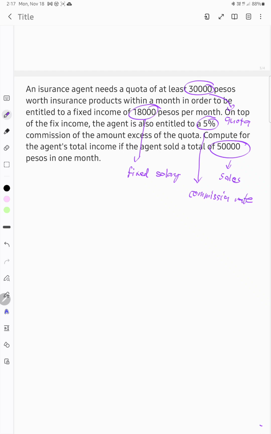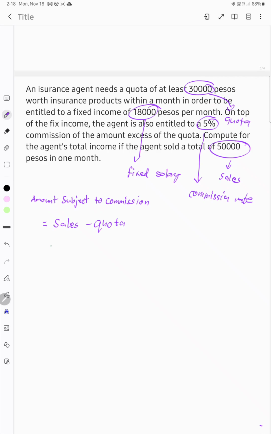There are a lot of processes that we're working on. Let's go with the first one, which is the amount subject to commission. The amount subject to commission is equal to the sales minus the quota.